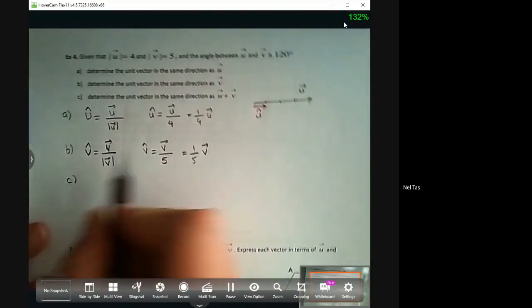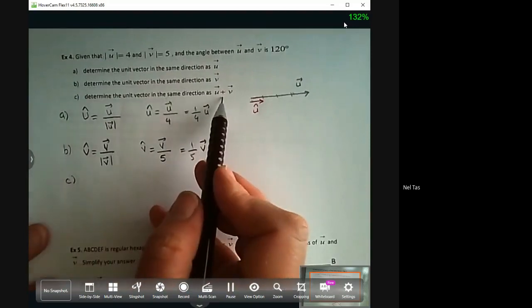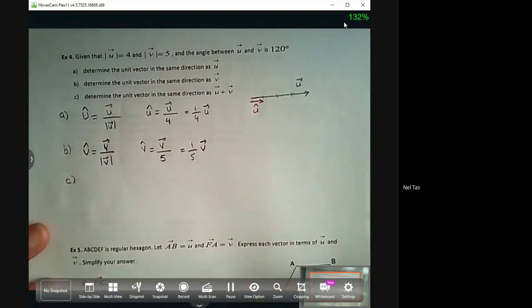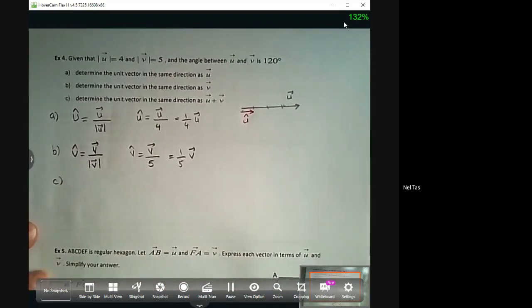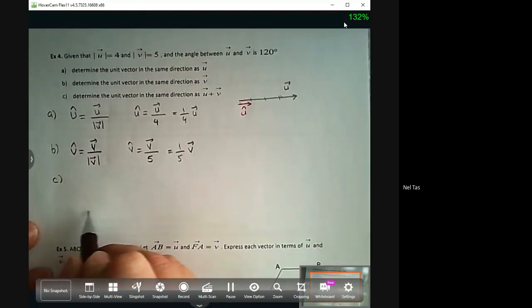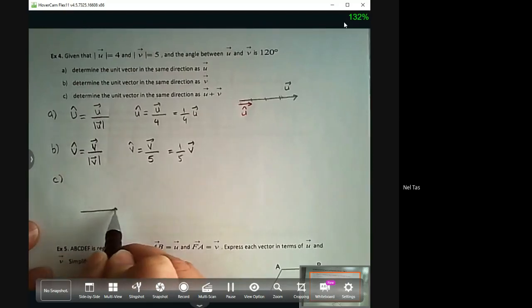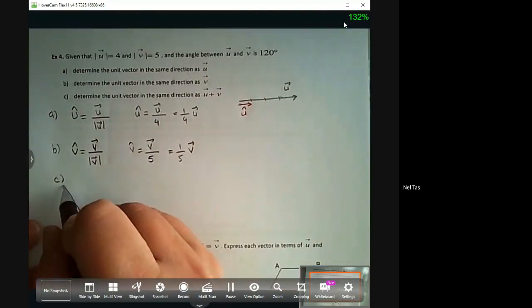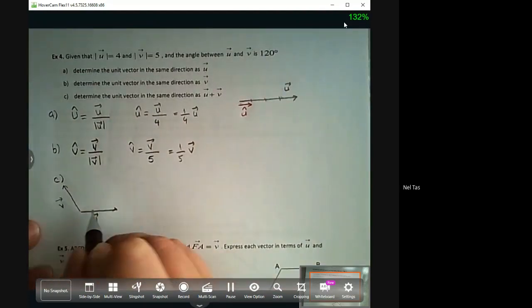C. Determine the unit vector in the same direction as u plus v. So first we need to get u plus v. So if this is u, the angle between them is 120. That is an obtuse angle. v, 120.